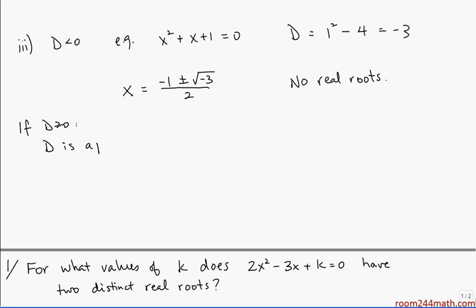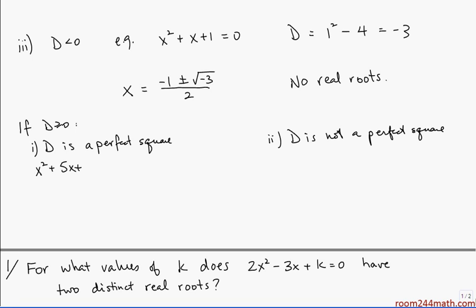One, d is a perfect square. And the other possibility is it's not a perfect square. So d is not a perfect square. So again, let's take a look at a couple of examples.